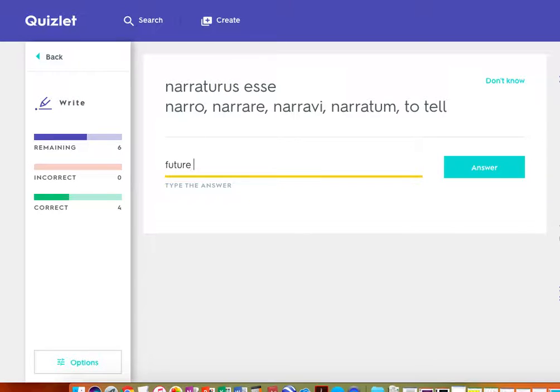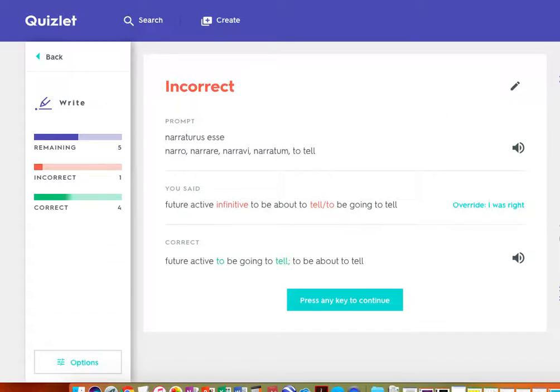So this is the future active infinitive, and I can translate this as to be about to tell or to be going to tell. And I can override that because the difference between the correct answer and what I gave is nothing other than some typing errors.